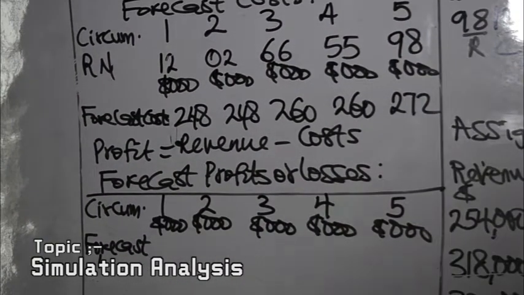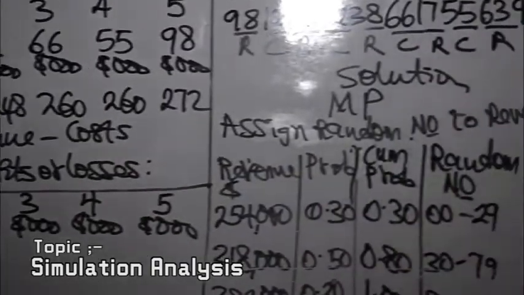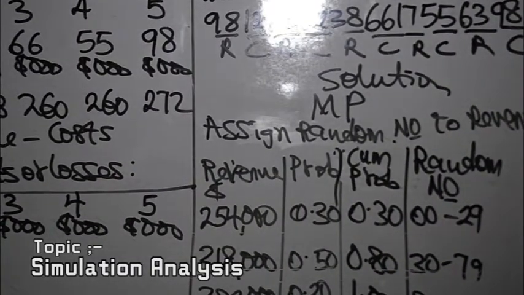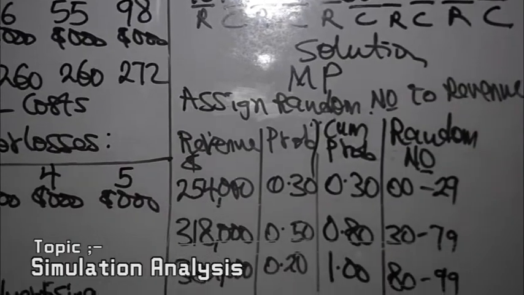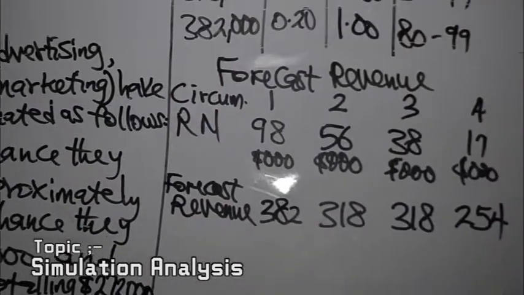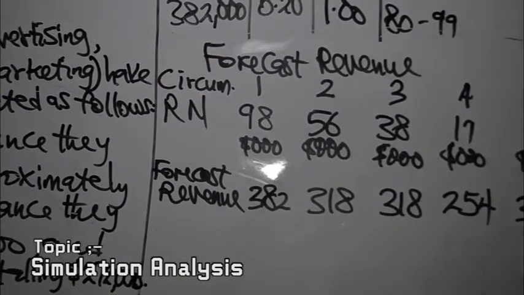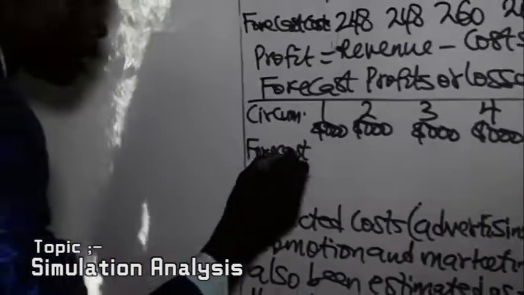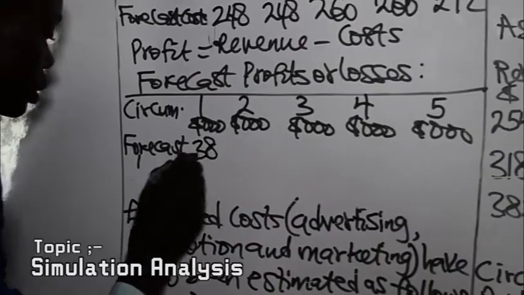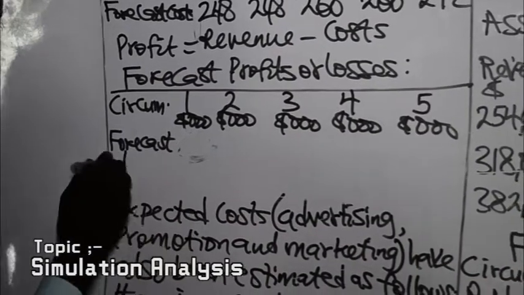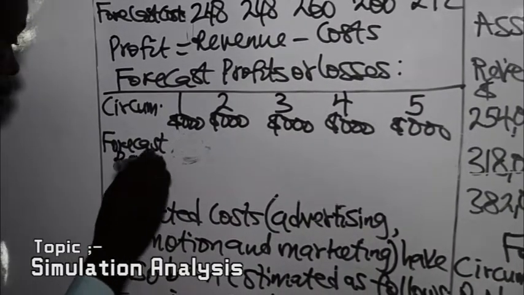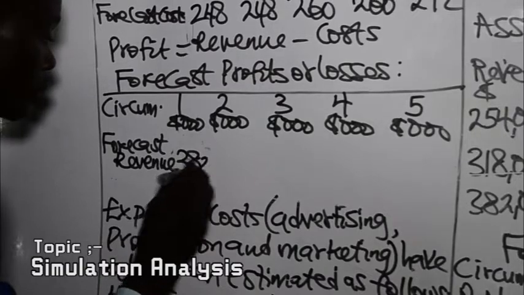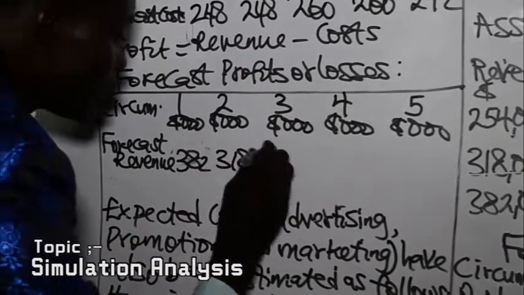So, if you go back to our revenue details, you have 382, 318. Let me put down that 382. This is our forecast revenue: 382, 318.